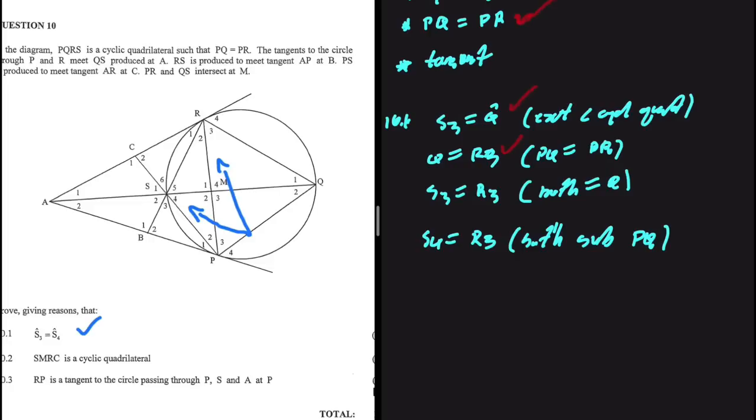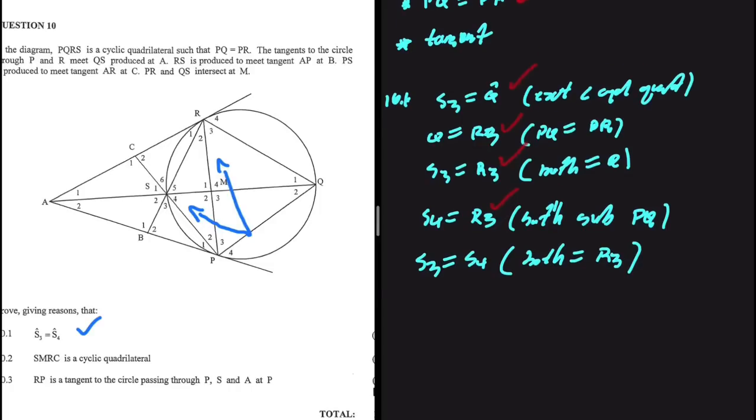So S3 is equal to R3 and S4 is equal to R3, so S3 should be equal to S4 as they are both equal to R3. If x is equal to 2 and y is equal to 2, then x is equal to y because they are both equal to 2. So that is 10.1.